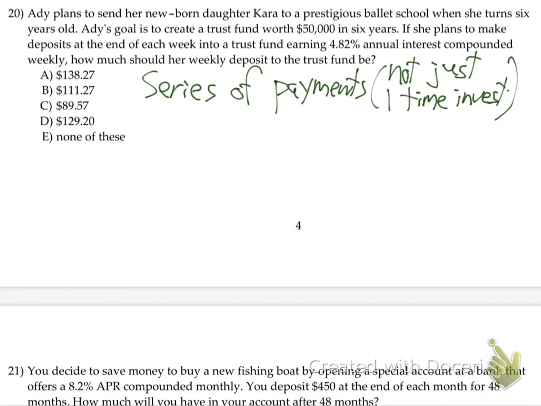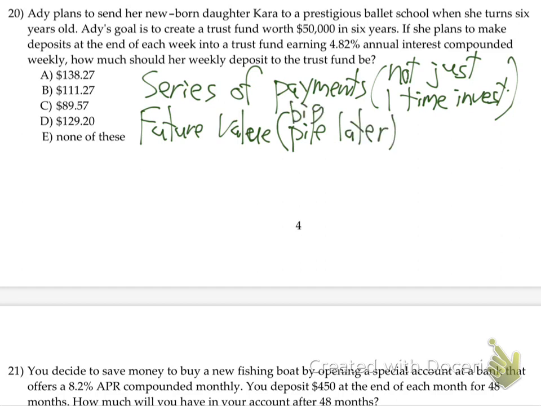So it's a series of payments, not just a one-time. So it's one of the two annuity formulas, either future value or present value. Which one is it? Is the big pile of money now, or is the big pile of money later? Later. So it's future value. The big pile is later.